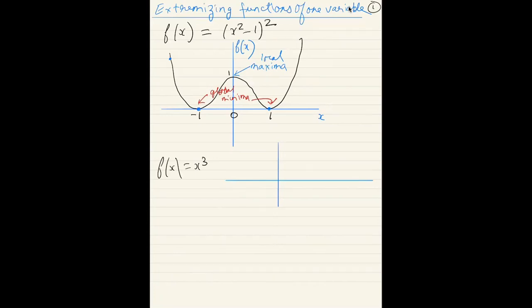It went like this, and it went like this. So if you see over here, it's a very peculiar point because it's not a local maxima, it's not a local minima, but if you were to plot the slope, the derivative of this function, it would have looked like this. What's the derivative of this function?